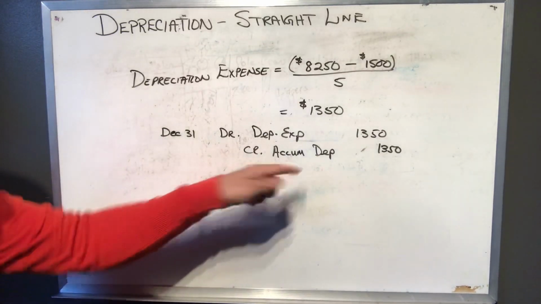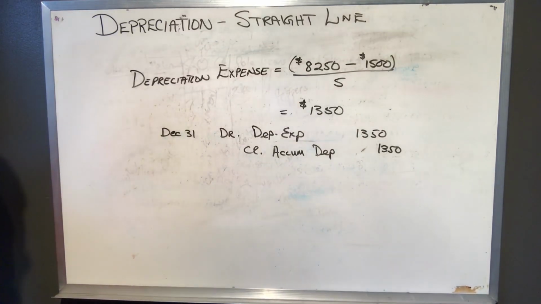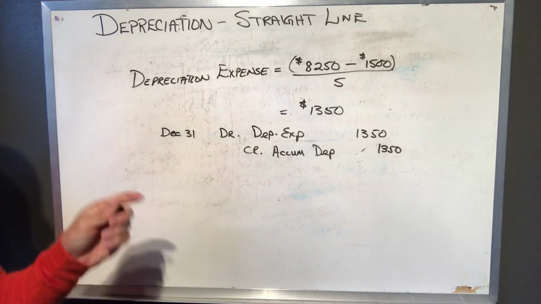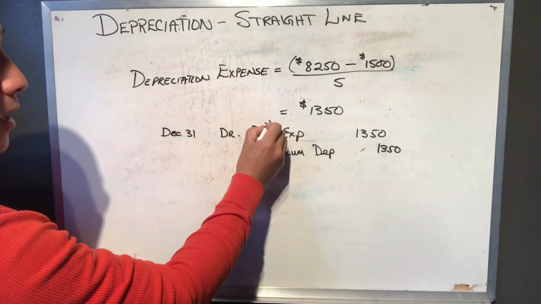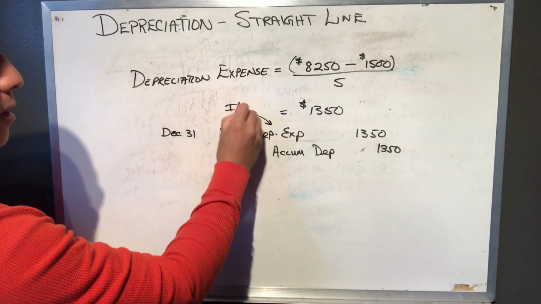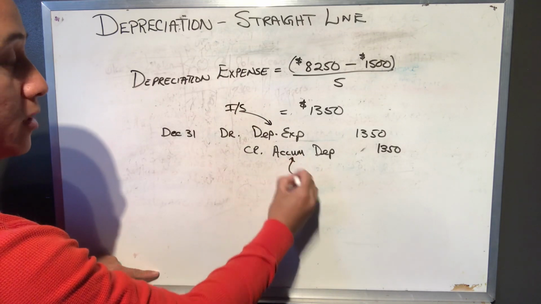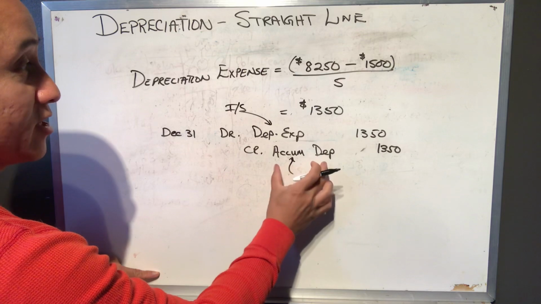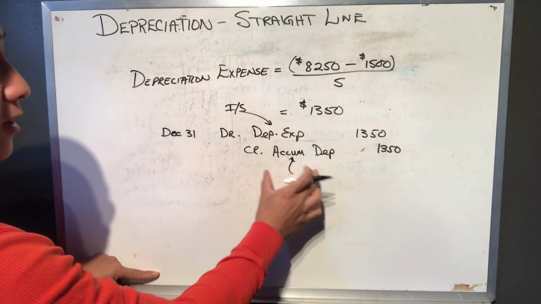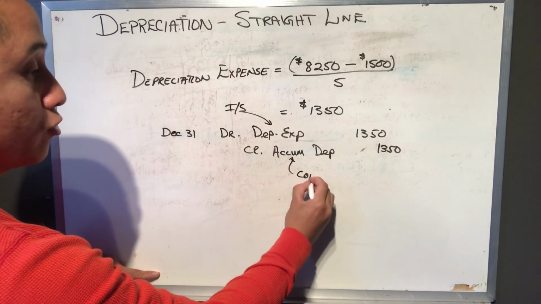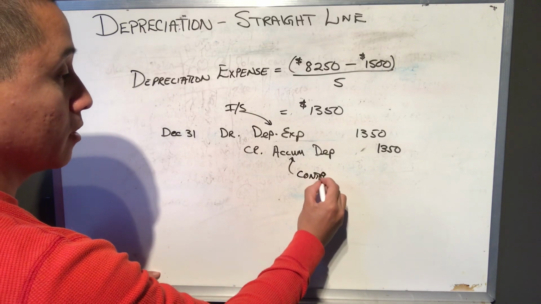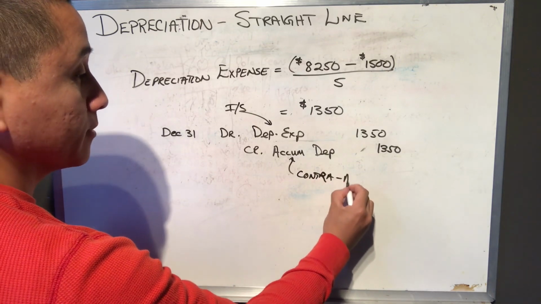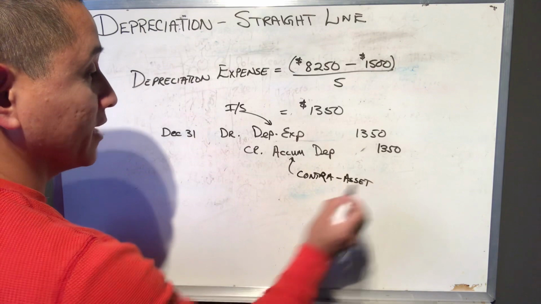So notice the accumulated depreciation is a contra asset account. This would hit the income statement under the expense, and this would hit under the asset, subtracting from the value of that asset. It is a contra asset account, which reduces the value of that particular asset.